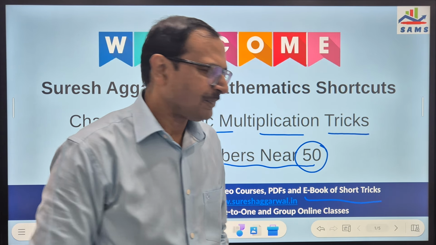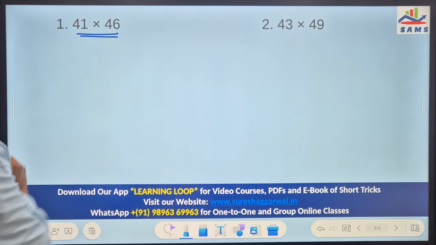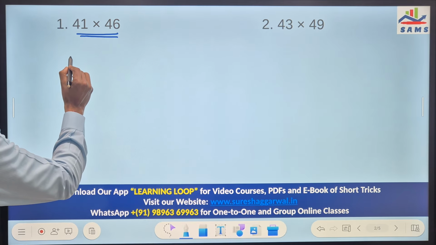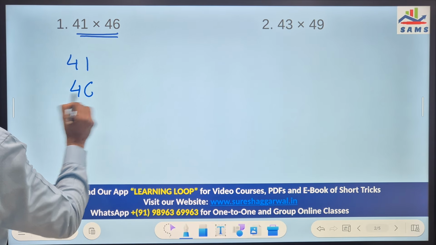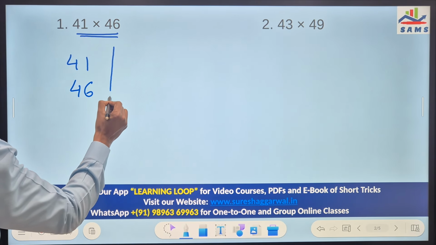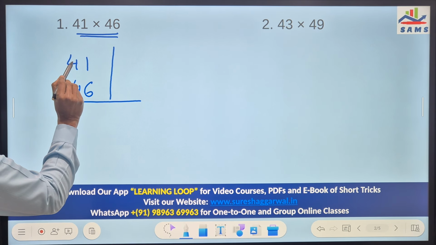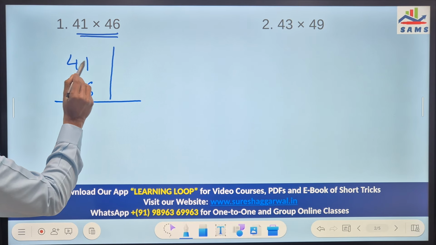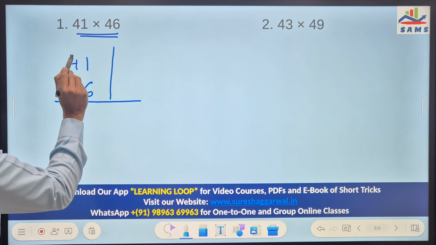Very special thing. Let's see the first question. 41 times 46. So if I have to multiply 41 by 46, I'll write them one below the other and then put a vertical line and a horizontal line like this. Now 41 is less than 50. How much less than 50? It has a deficit of 9.